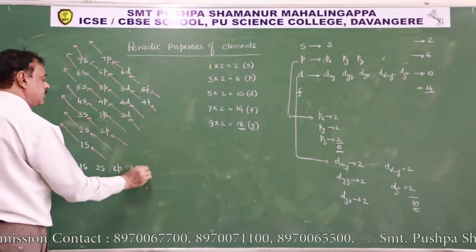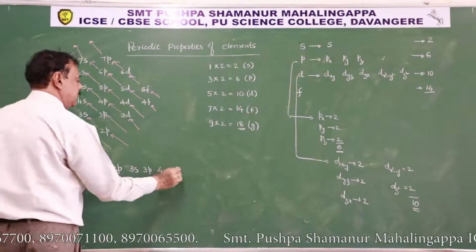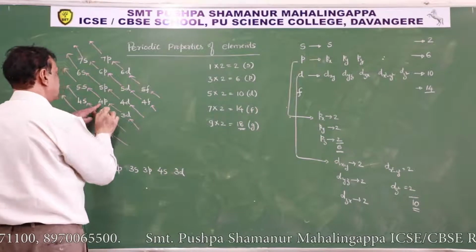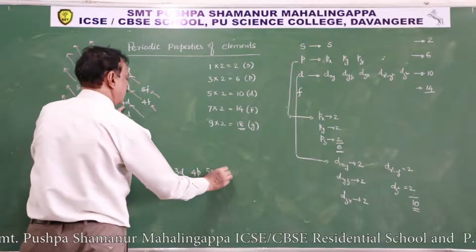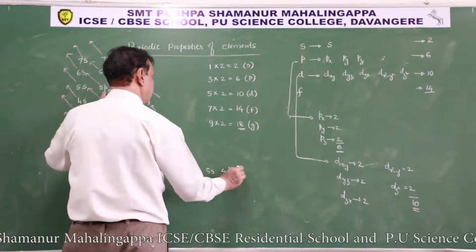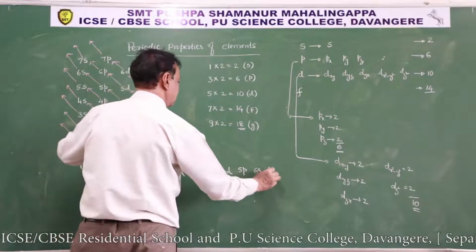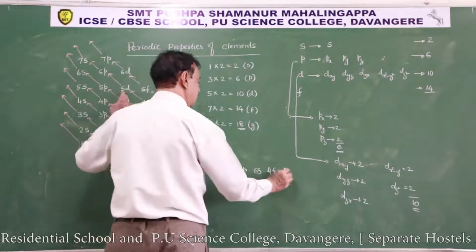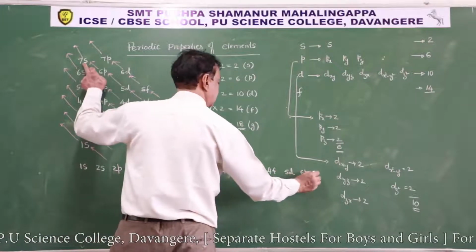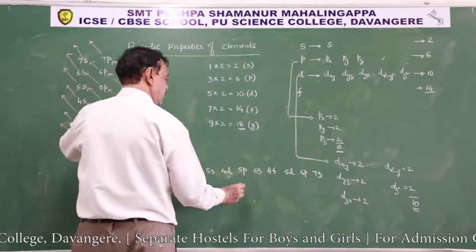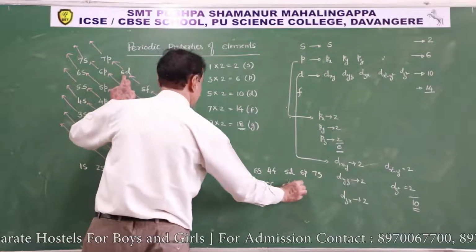Next to 3s we have the 3p atomic orbital, 4s atomic orbital, 3d atomic orbital, 4p and 5s atomic orbital, 4d atomic orbital and 5p atomic orbital and 6s atomic orbital, followed by the 4f atomic orbital, 5d atomic orbital and 6p atomic orbital and 7s atomic orbital, followed by the 5f atomic orbital, 6d atomic orbital and 7p atomic orbital.